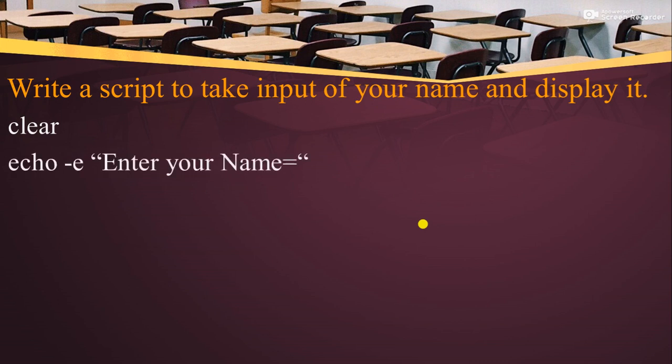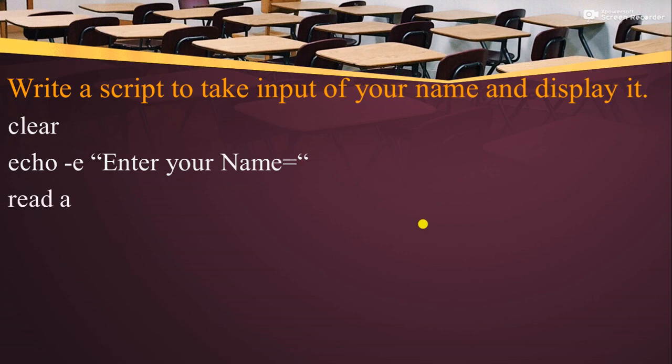Then we will write echo space -e, "enter your name". This is a message. You do not have to write your name here, you have to write this only, enter your name, so that on the output screen the message enter your name will display.